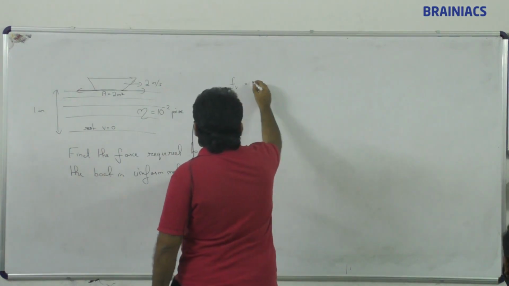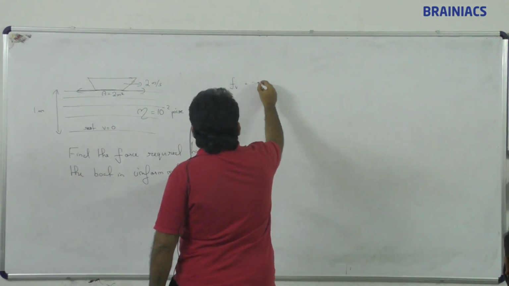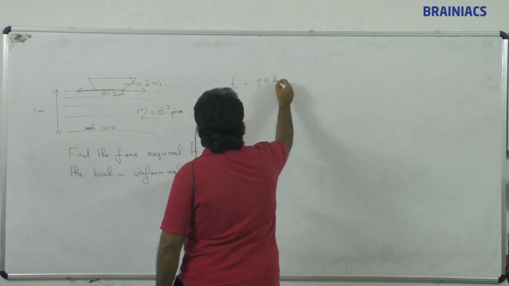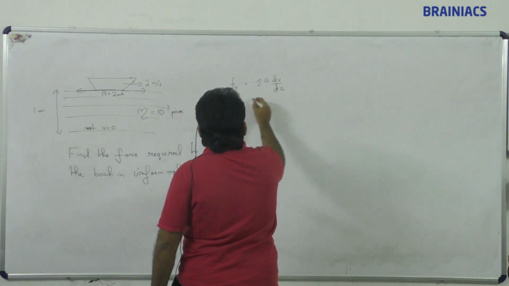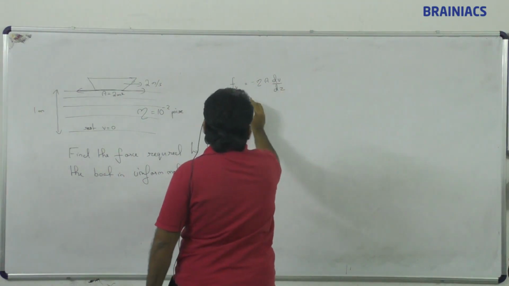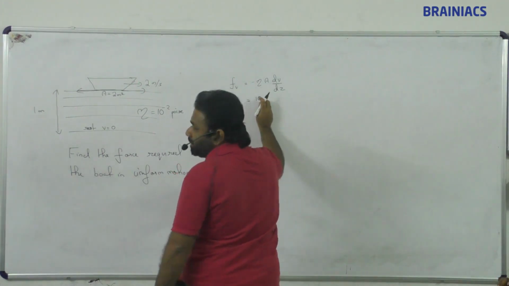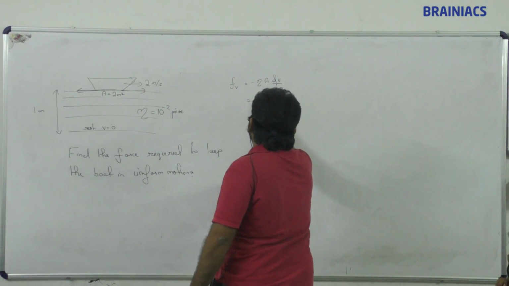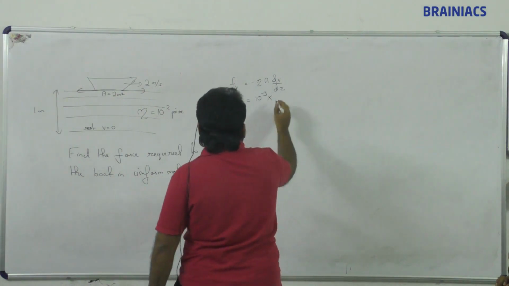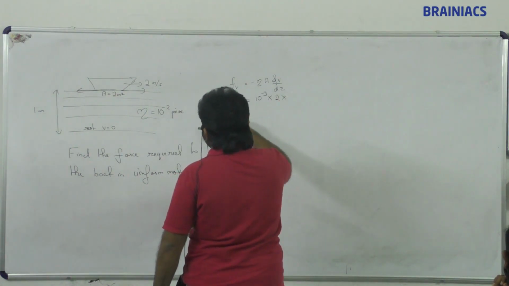So Fv is equal to what, children? Minus eta A dV by dz. So when poise is 10 raised to minus 2, in SI unit how much is it? 10 raised to minus 3, into area is 2, and dV is how much?